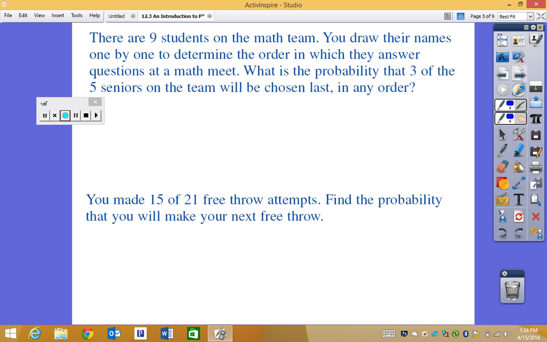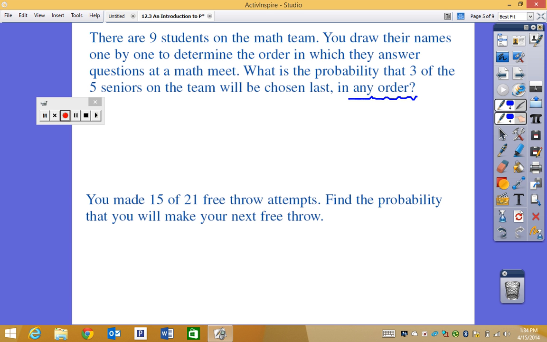Let's take a look at the next example. There are 9 students on the math team. You draw their names one by one to determine the order in which they answer questions at a math meet. What is the probability that 3 out of the 5 seniors on the team will be chosen last, in any order? Any order means it can be a combination.